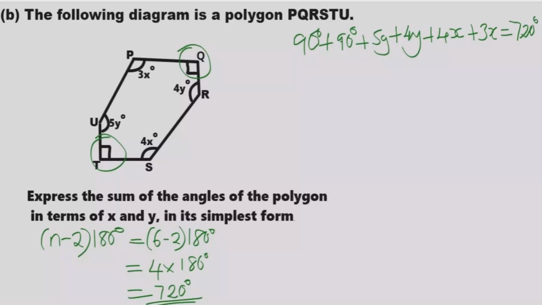Remember, I should also be putting degrees here. When we add all these angles, they should give us 720 degrees. So let's evaluate these now. This will give us 180 degrees, plus 9y degrees, plus 7x degrees, which will be equal to 720 degrees.